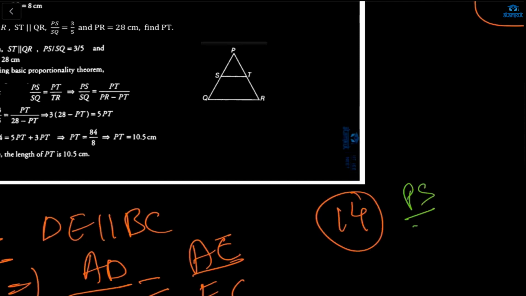TR is not given, but TR will be equal to PR minus PT. So PR value is given to you, so it will be 3 by 5 is equal to PT by 28 minus PT. You can represent PT by X, Y, or any value, and you can form an equation.